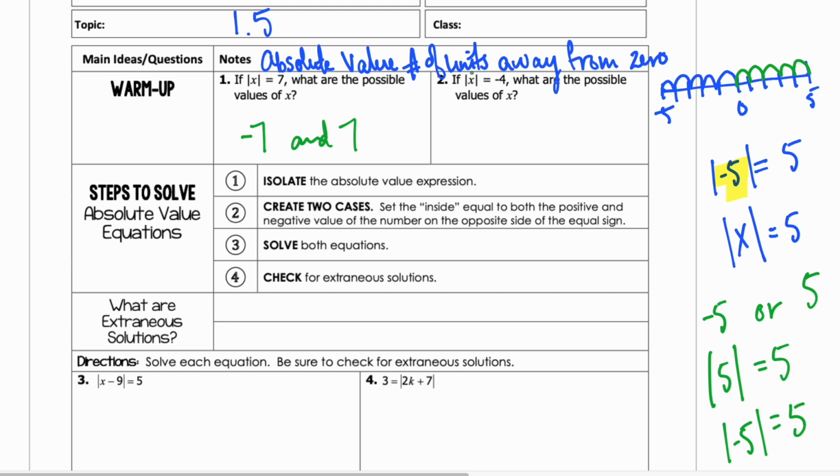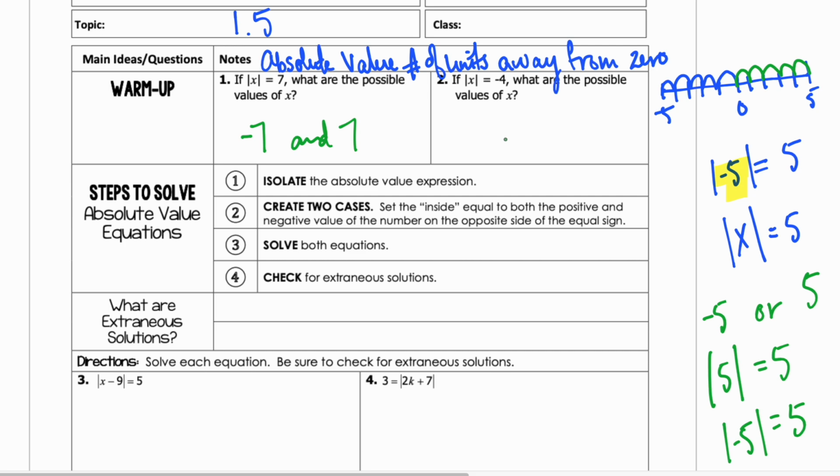It says, if the absolute value of x is -4, what are the possible values of x? Well, can anything be a negative distance away from something else? When we measure distance, we can't measure a negative distance. It's either 0 is my distance or a number larger than 0. Maybe I'm 1 foot away from my desk, or I'm 10 feet away from a chair, right?